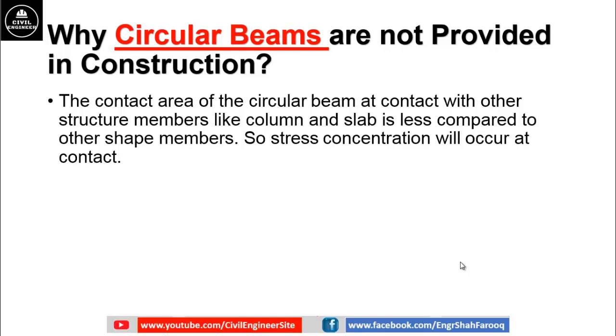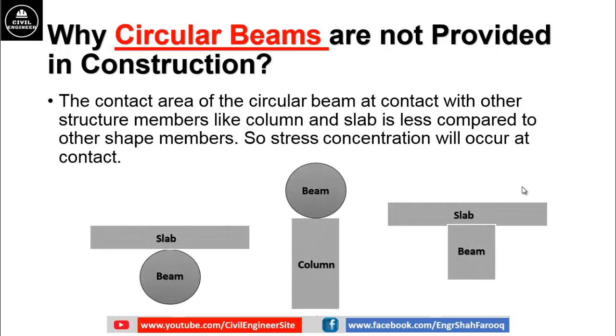So stress concentration will occur at contact. Here you can see that if a circular beam is constructed, the contact area between beam and slab or beam and column will be very less. So here stress concentration will occur.